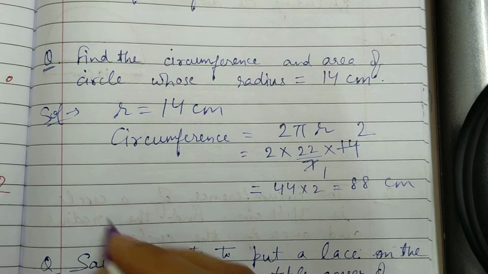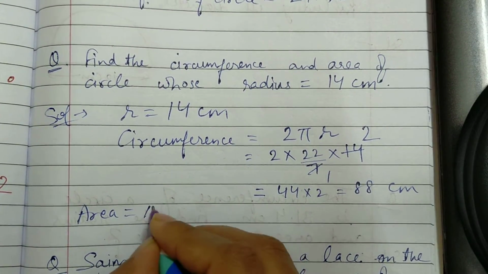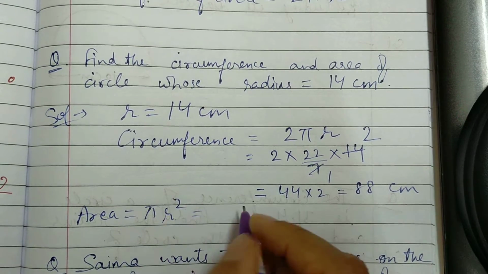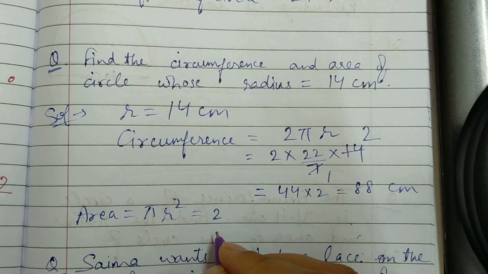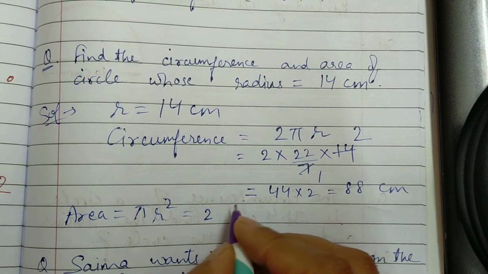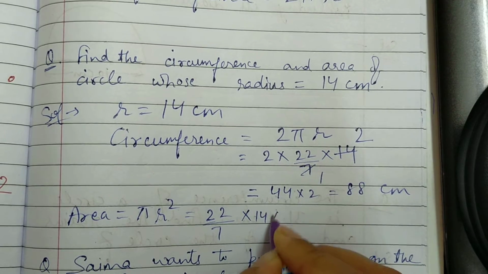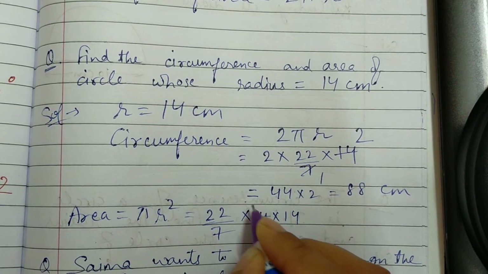Now we have to find the area also. We will apply the formula of area. Area is equal to pi r square. 22/7 multiply 14 multiply 14.